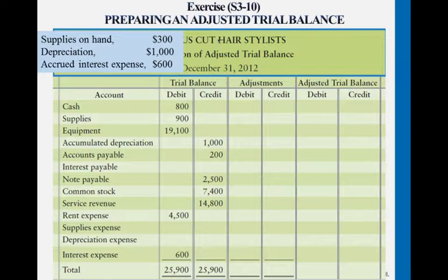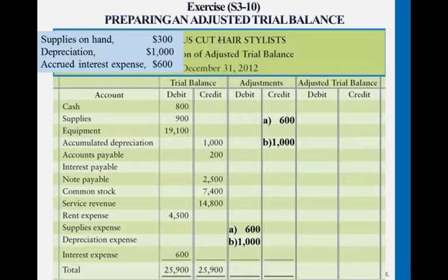So it goes back, you have to trace back what is the part that we have to use up. So earlier the questions already tell you what is the part that we use up. Now this problem here, the question gives you the supplies that you have on hand and try to figure out what's the part that you use up. So if there's the $600 that you use up, then you reduce supplies by $600 and debit supplies expense.